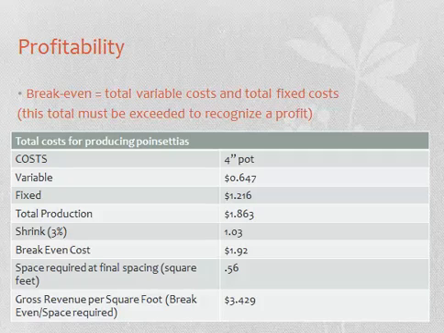Multiply that by our 3% shrink to give us a break-even cost. Since we know that at the final spacing, or the last 11 weeks, we're spaced at 0.56 square feet, if we were to divide our break-even cost by that spacing, then we would find out that we had a square foot revenue of $3.